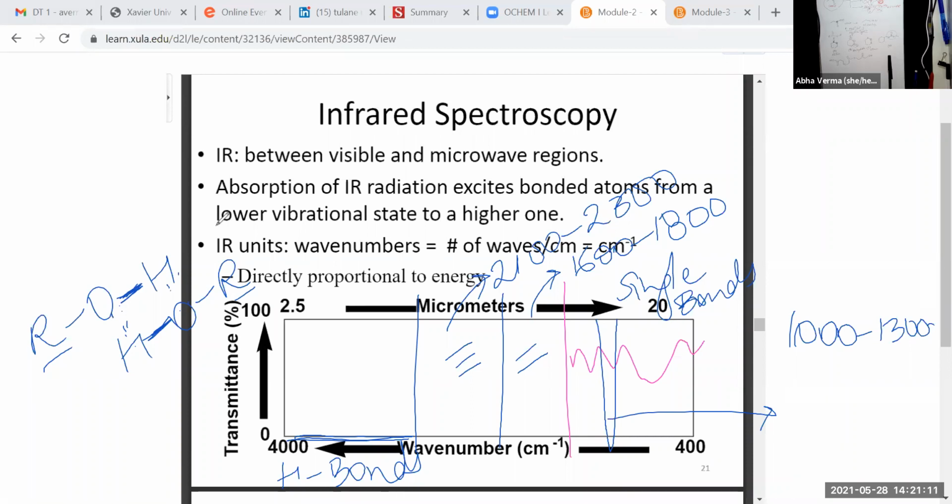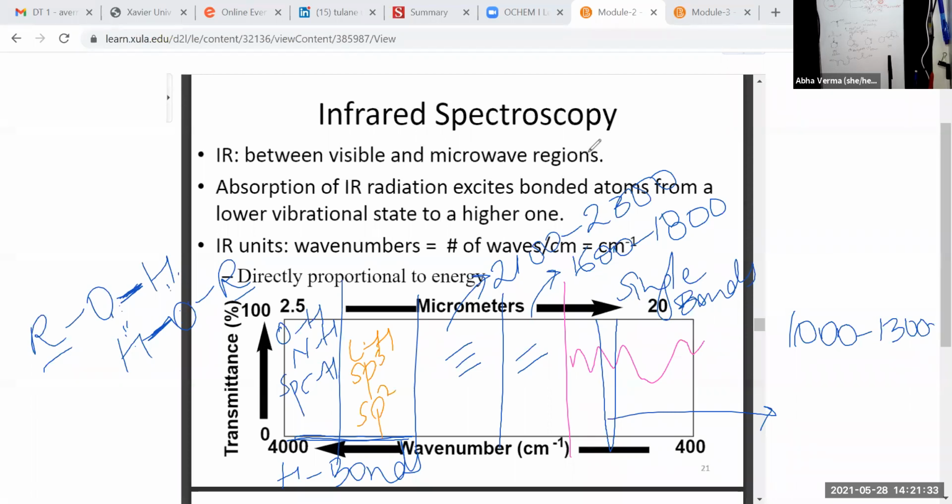All the electronegative bonds, the OH, the NH, and the sp CH, appear in region 1. Region 2 has CH bonds, sp3 CH bonds and sp2 CH bonds.